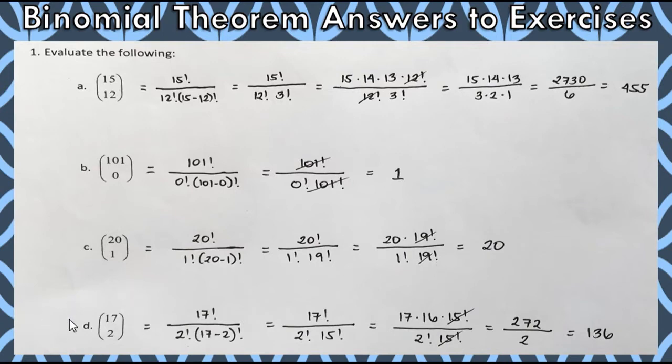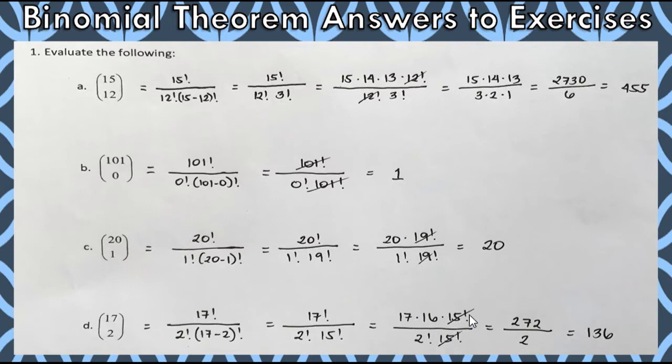Then, last, we have 17 taken 2 at a time. Okay, that is 17 factorial over 2 factorial times 17 minus 2 factorial. So, 17 factorial over 2 factorial, 17 minus 2 is 15 factorial. And because of that 15 factorial, we can write 17 factorial as 17 times 16 times 15 factorial, over 2 factorial times 15 factorial.